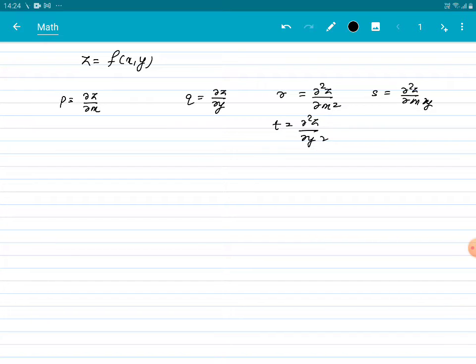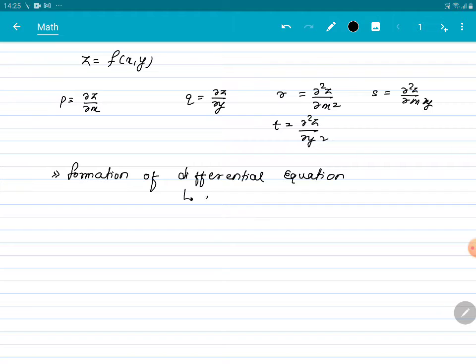What is the formation of a differential equation? Here there is only one step: we always have to do one thing, eliminate the constants. If we eliminate all the arbitrary constants, a differential equation is formed.